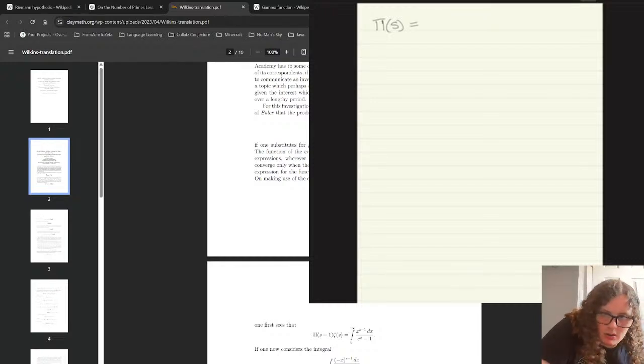Now we had an n to the s, but we replaced s minus 1 with s, so this will be s plus 1, equals this integral here, e to the negative nx, x to the s, dx.